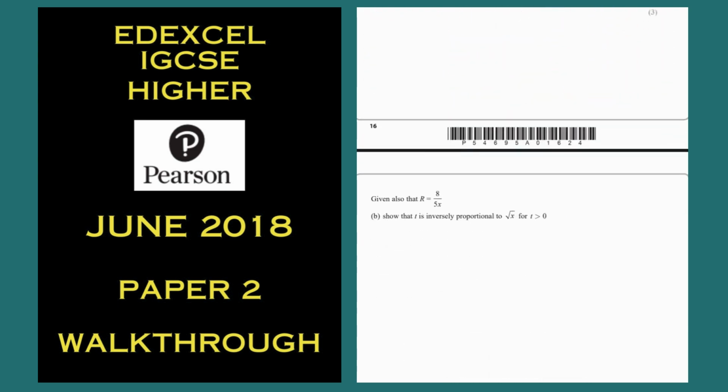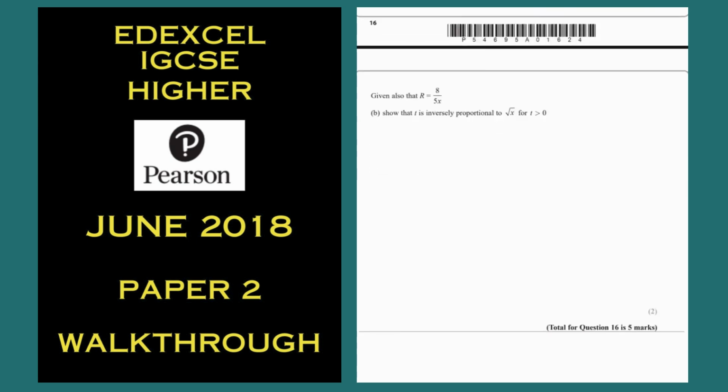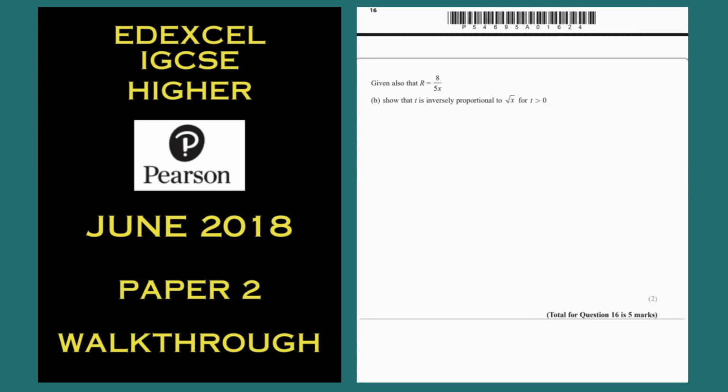On we go to part B. Given also, so it's like a connected proportion. This is now more or less saying to you, R is inversely proportional to 8/5 and so on. It says show that T is inversely proportional. Well, we've had an equation from the previous bit. We can replace R with 8 over 5x.